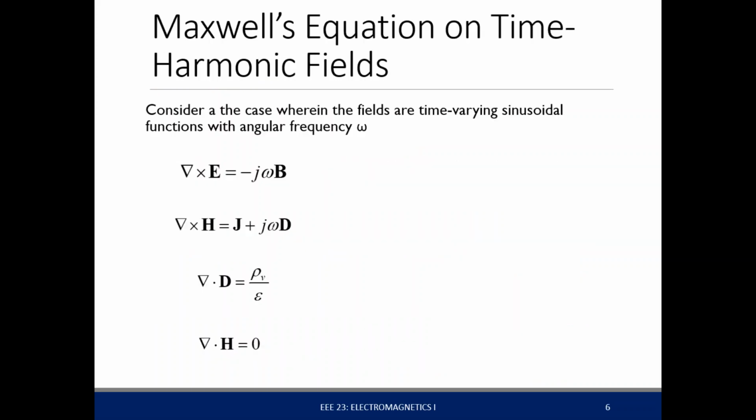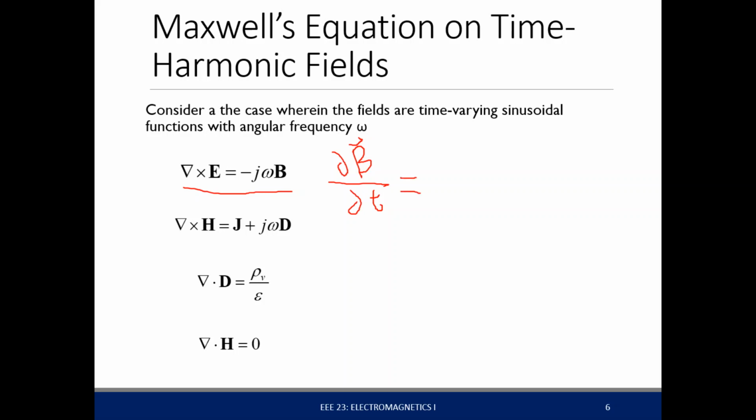Alright, so what is the effect of this sinusoidal and phasor notation to our Maxwell's equations? So recall that this first equation right here is our Faraday's law. So if we get the derivative of B with respect to time, okay, so recall.